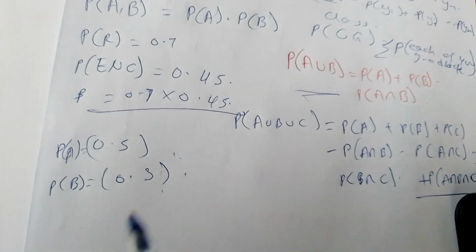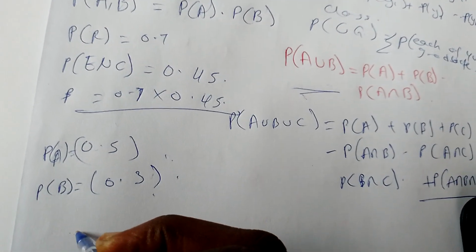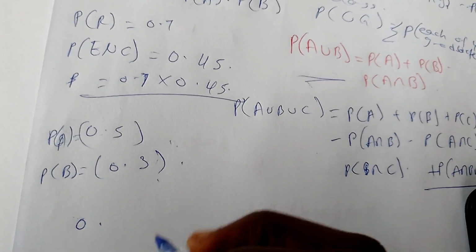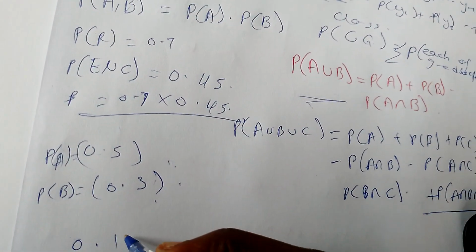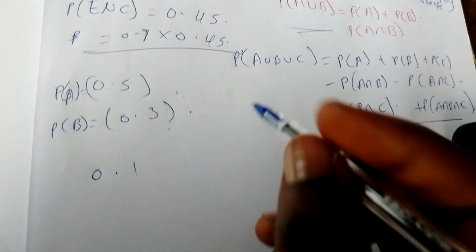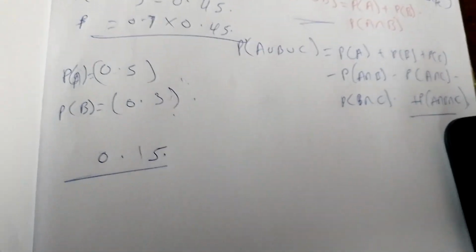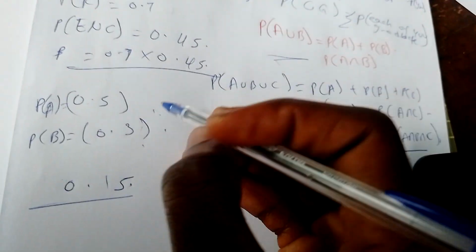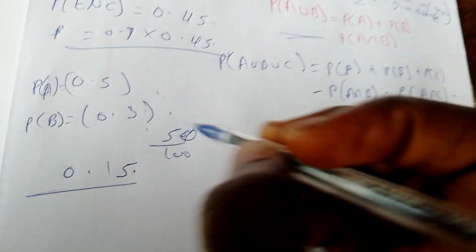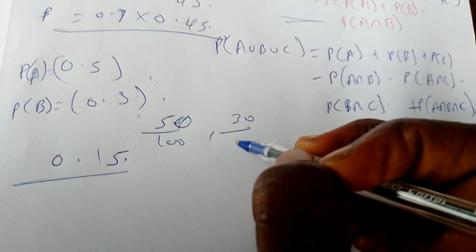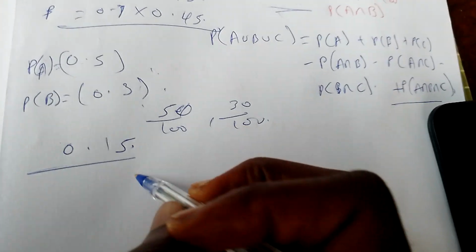When you multiply these two, what do you get? You directly get 0.15. Quite straightforward. But when you check, this number was 50%, and this was 30%. When you multiply them, you end up getting 15%.